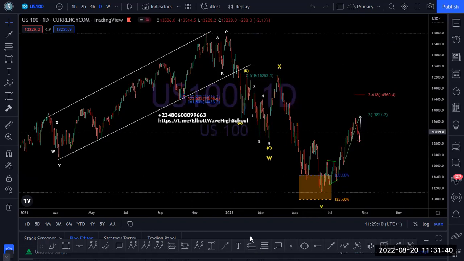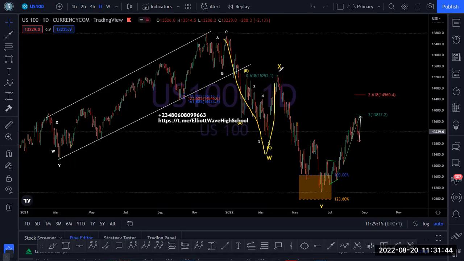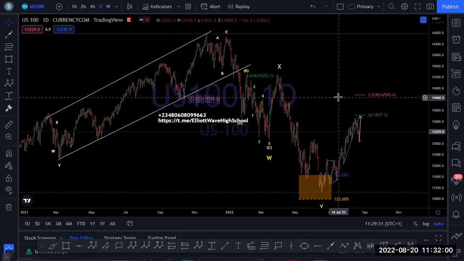You can see this is W, X, Y. So we can get X, Z. That's one possibility. Okay.